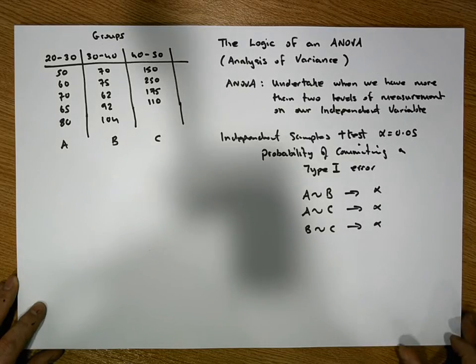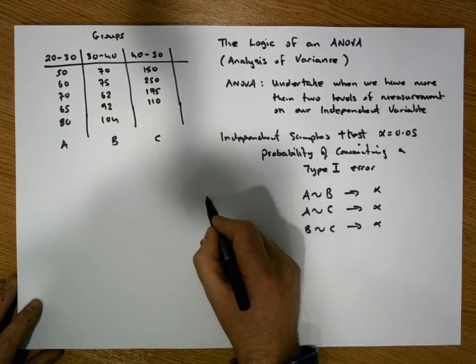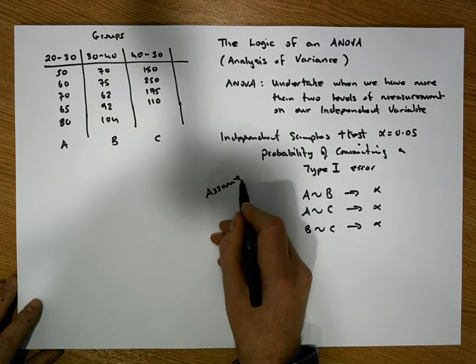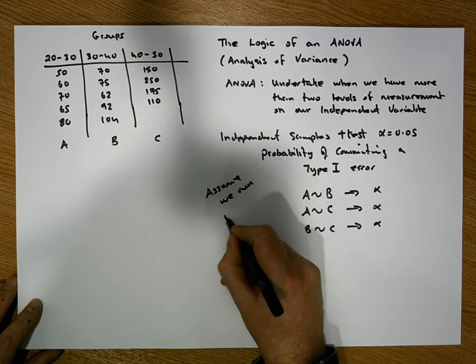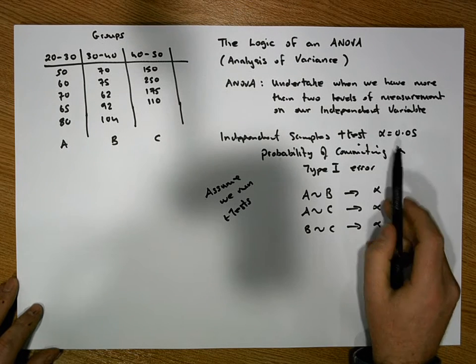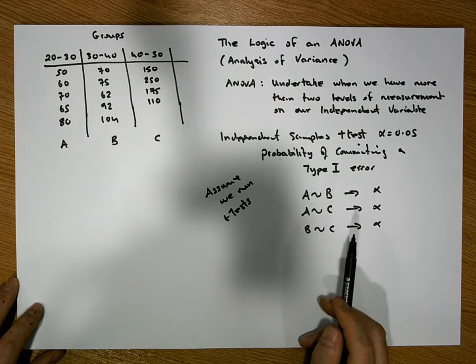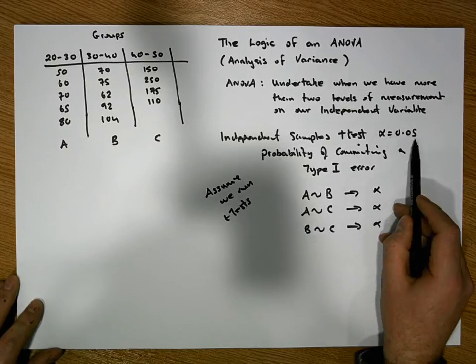So let's assume we undertake individual t-tests. The probability of committing a type 1 error, that is, rejecting the null hypothesis when we shouldn't have, is 0.05.